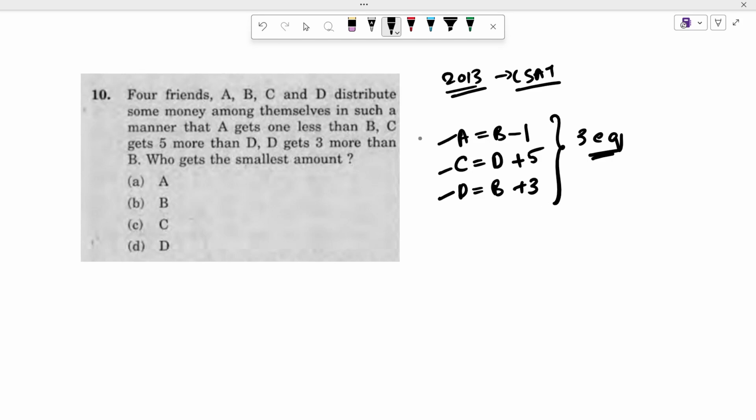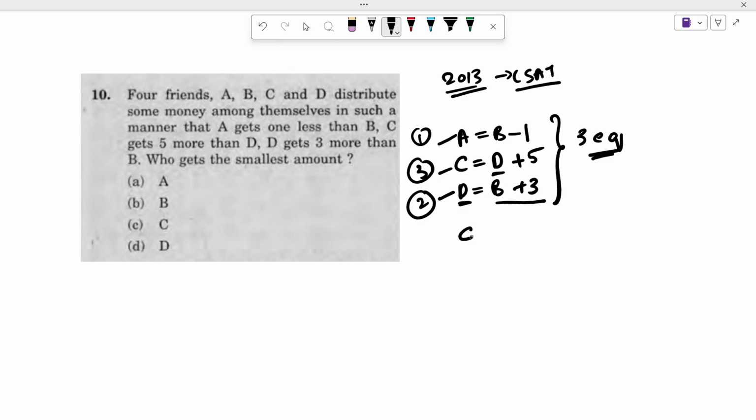The first equation is in the form of B, and the second equation is also in the form of B. So the third equation, that is C is equal to D plus 5, should be in the form of B. So we can substitute the value of D, that is B plus 3 here, so that we get C in the form of B, right?